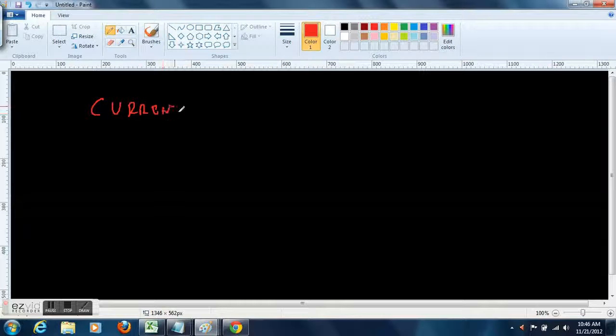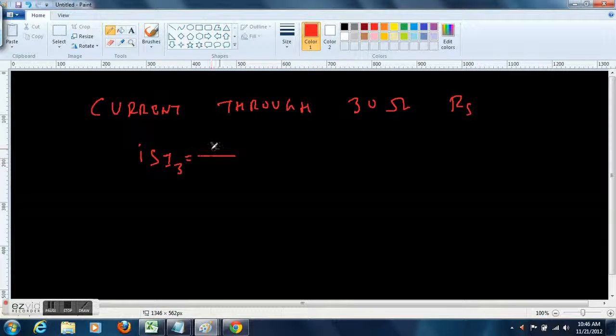Now the current through the 30 ohm resistance is I3 equals V upon R, which is 12 upon 30. That means 4 upon 10, because the common factor is 3, which is 0.4 ampere.